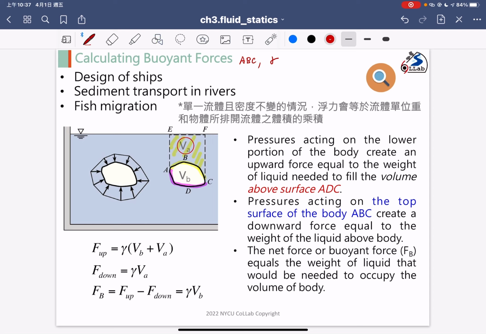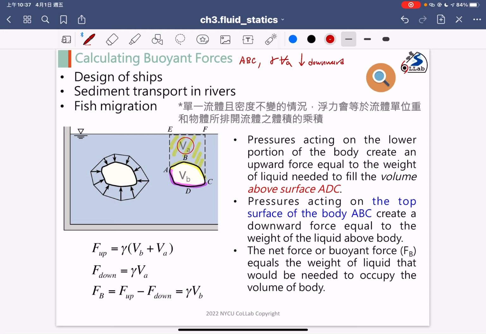So we know that if you have the gamma multiplied by the VA, this is equal to the total weight acting on the ABC curvature. So this total weight is downward because it's a weight force. So the direction of the force is downward.